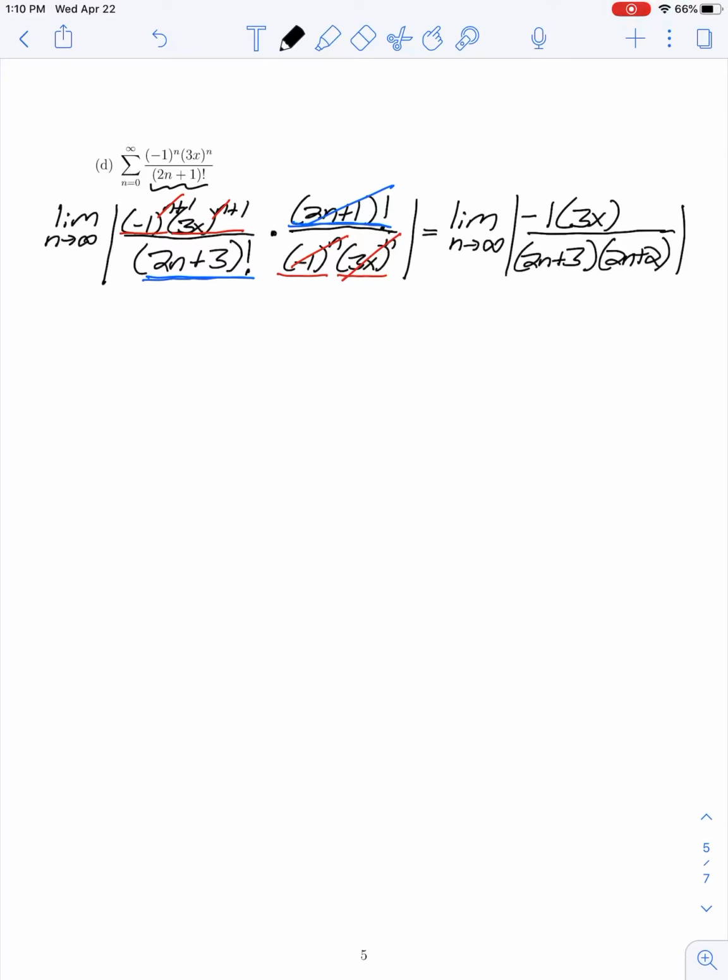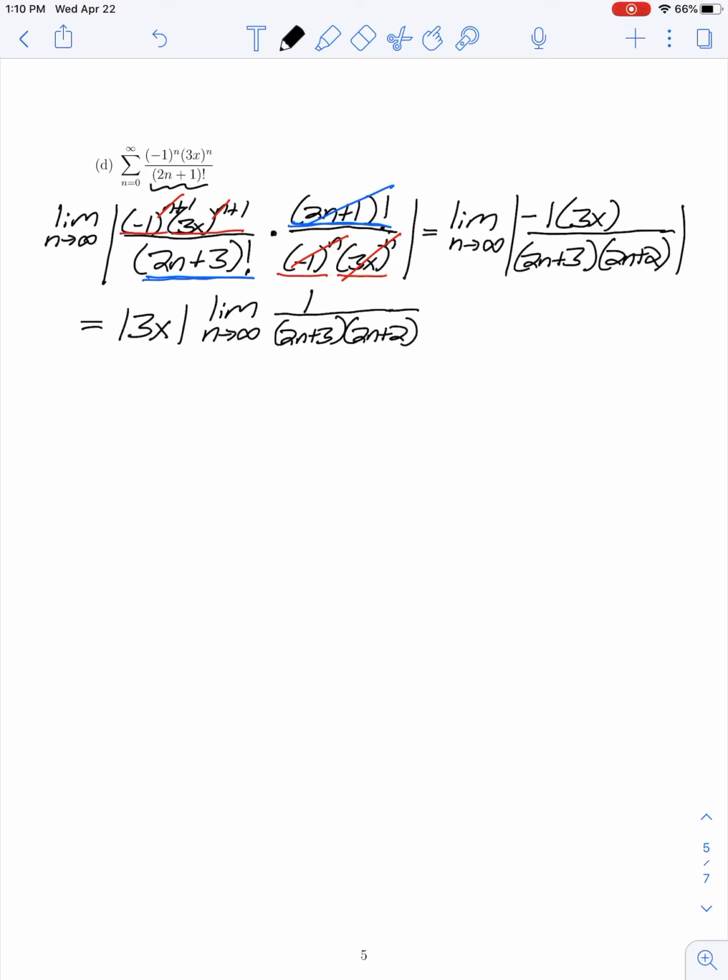All right. So now, let's see what we're left with. We have, for our numerator, the absolute value of negative 1 times 3x. So that's the same as the absolute value of positive 1 times 3x, times the limit as n approaches infinity of 1 over 2n plus 3 times 2n plus 2.